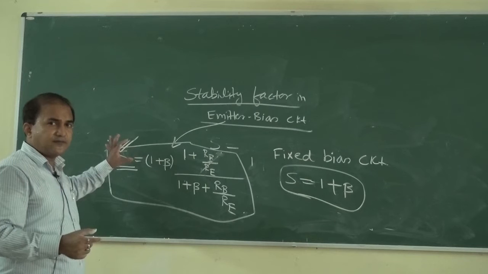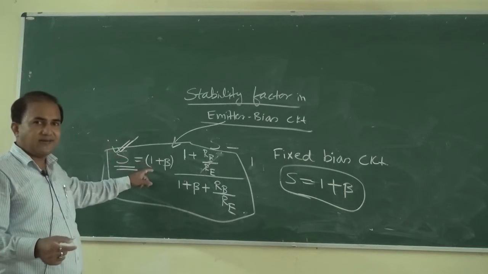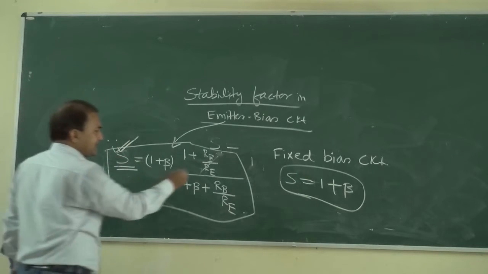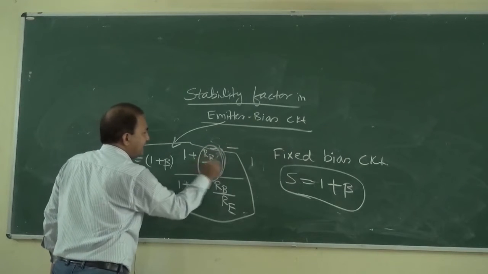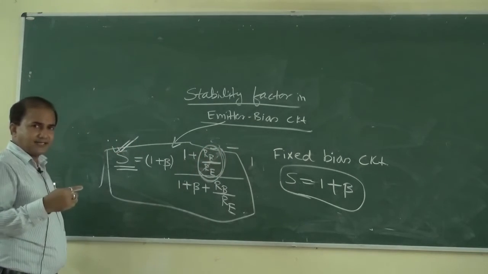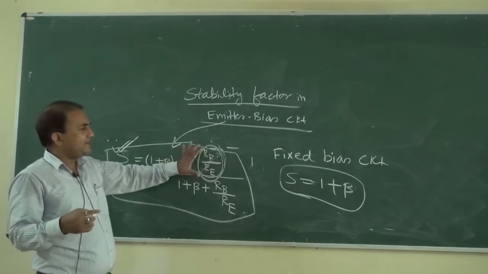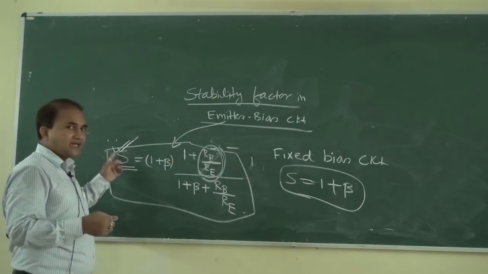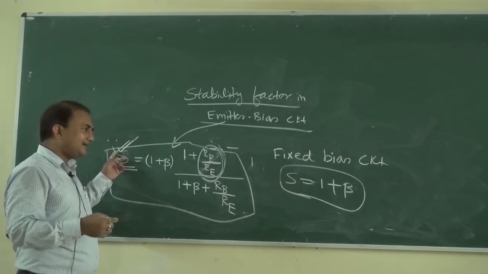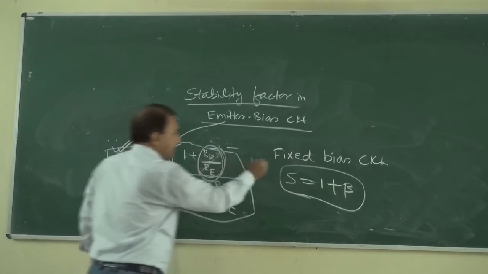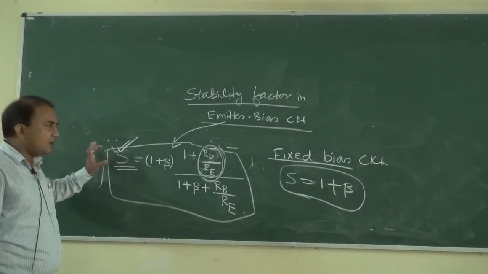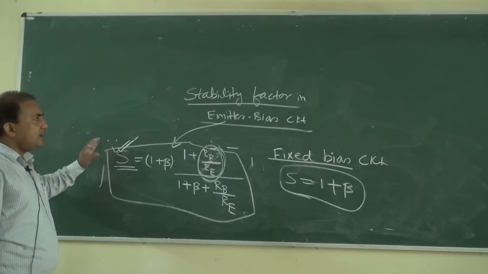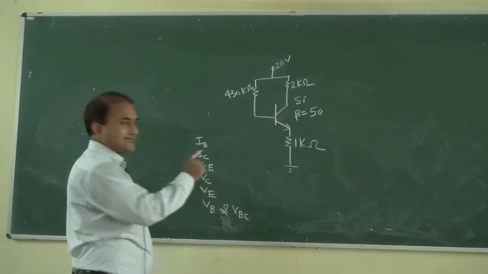Its value is from 1 to 1 plus beta. It can be decreased or increased by varying the RB by RE ratio. If we can vary this ratio, then definitely S will be varied. And as compared to fixed bias circuit, the stability factor is low here. Okay, now we will see this example.